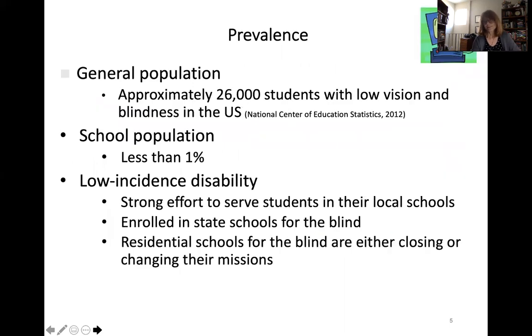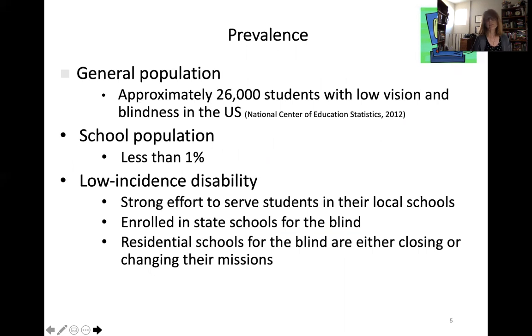Hey, you're back. I hope you appreciated the discussion with Matthew and his ability to create some amazing Lego architecture. When we look at students with low vision and blindness in the US, we look at a general population that's relatively small.